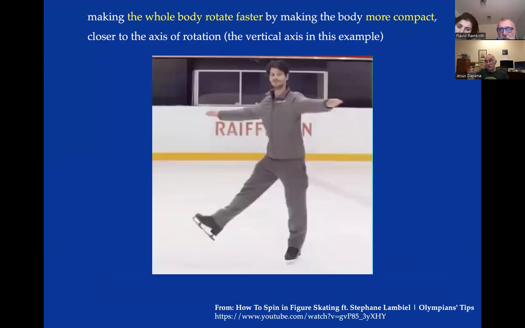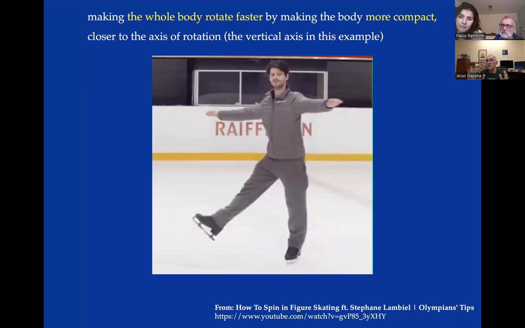This is a figure skater. In this case, we're going to be looking at rotation about a vertical axis. We see that the arms are very far from the vertical axis passing through the center of mass, and the lead leg, the right leg, is also very far from that axis.